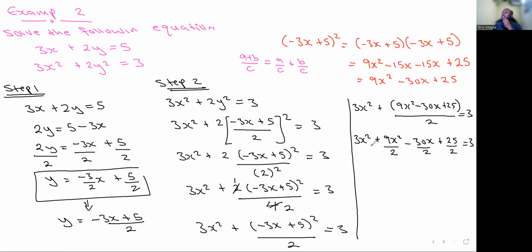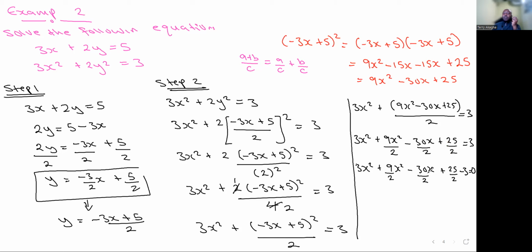So I'm going to collect like terms. So 3x squared plus 9 over 2x squared minus 30x over 2 plus 25 over 2 minus 3 is equal to 0. So I took 3 to the other side, okay?